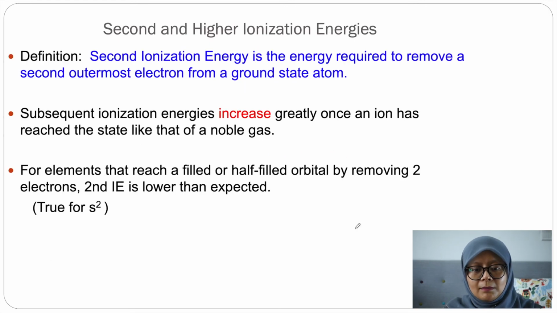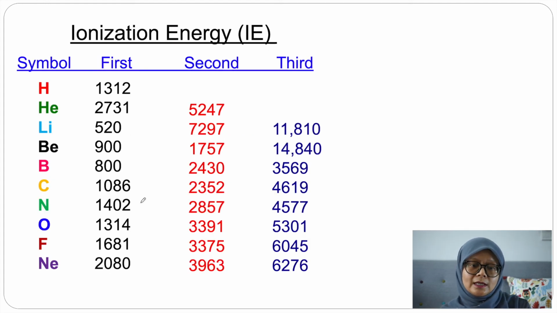Then what about the second and higher ionization energies? It is the energy required to remove a second outermost electron from a ground state atom. Subsequent ionization energies increase greatly once an ion has reached a state like that of a noble gas. But for elements that reach a filled or half-filled orbital by removing 2 electrons, the second ionization energy is lower than expected. These are examples for the ionization energy.